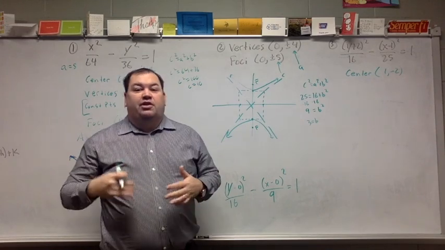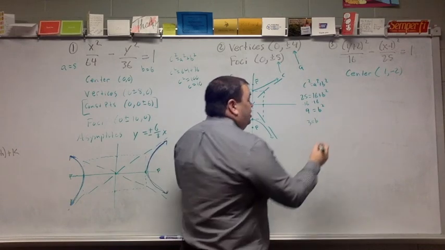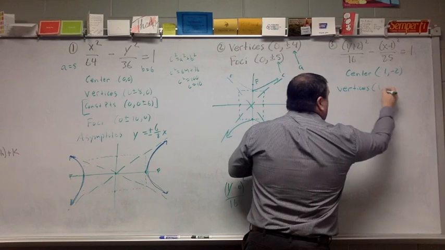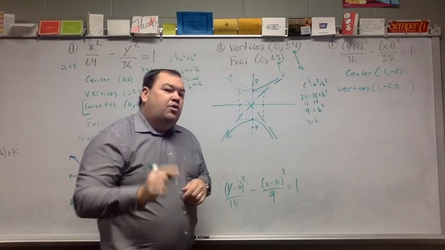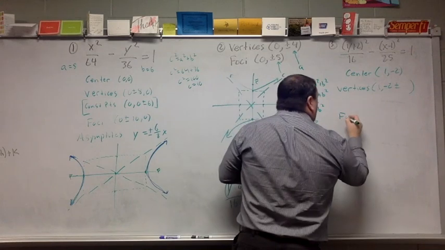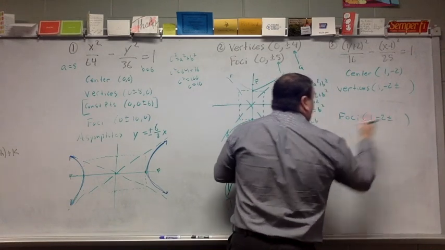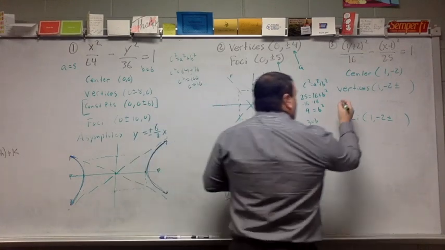So this is definitely an up-down hyperbola. Y is in charge. So when I talk about my vertices, I'm going to change my y. When I talk about my foci, I'm going to change my y. My construction points are still where x gets to do something.